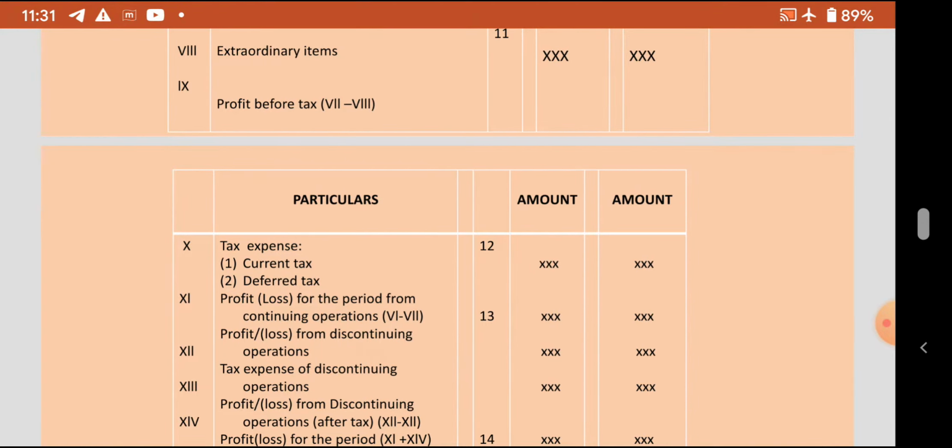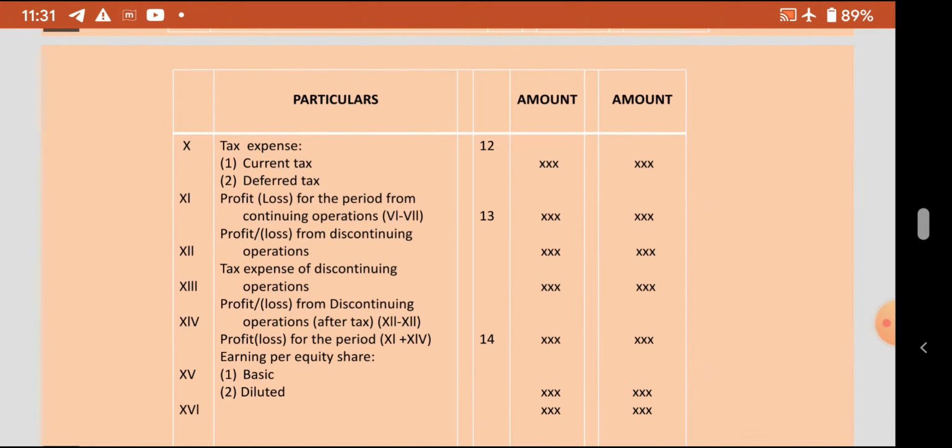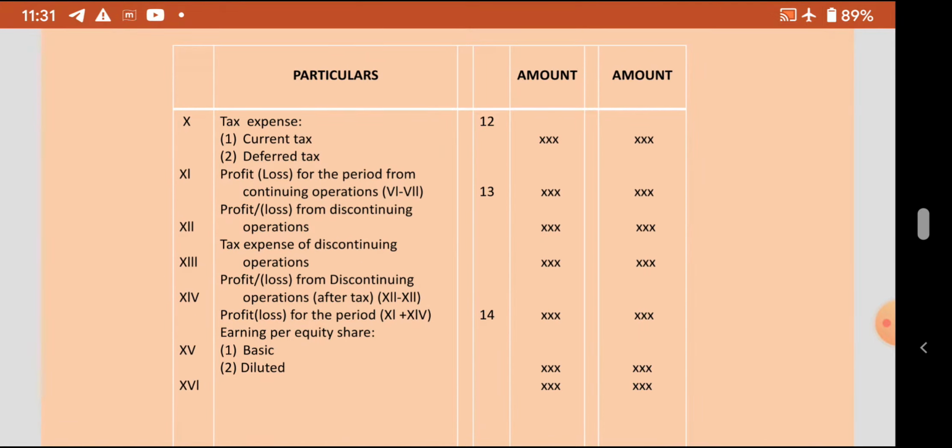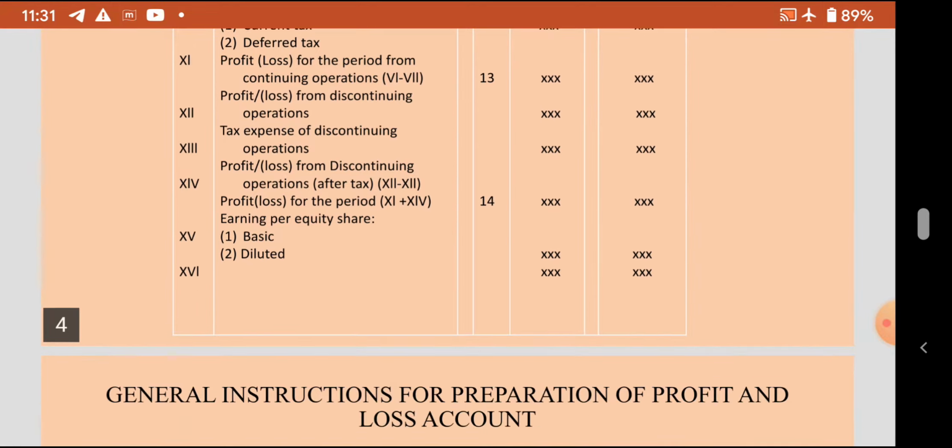Then we arrive at profit and loss from operations. Then we also have to show profit or loss from discontinuing operations, and on this basis we can also calculate the earnings per share. So this is the basic format of the statement of profit and loss account as per the Companies Act 2013.